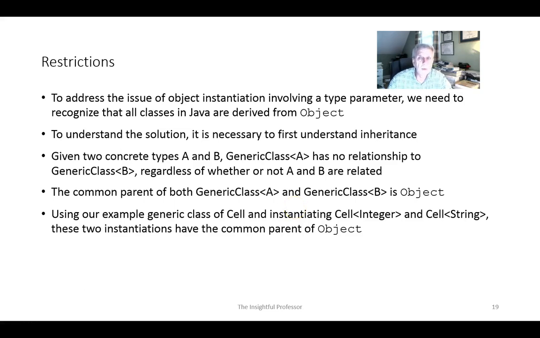If this concept is applied to our example of cell, we could say cell integer, cell string, where integer and string would be the respective A and B classes. Those instantiations simply result in this cell integer being a descendant of object and cell string also being a descendant of object. Let's look at putting this piece of background knowledge to work.